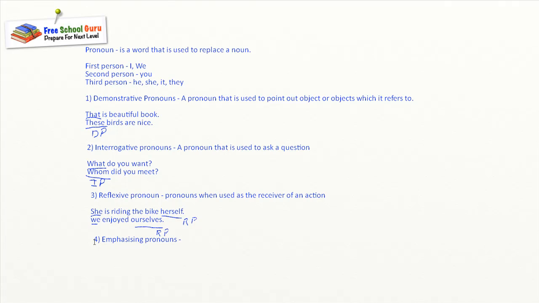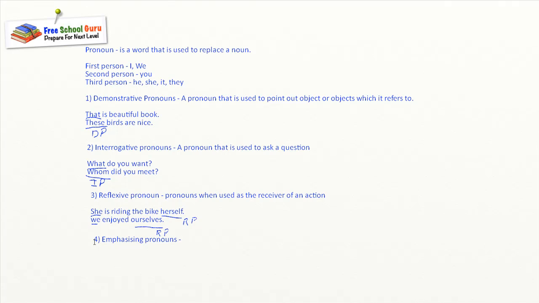She herself told me so. So difference between emphasizing and reflexive pronoun is reflexive pronouns are used as a receiver of an action when you see an action is being done. So for example, she was riding the bike herself. But here we are emphasizing on something. So for example, I myself saw him coming.